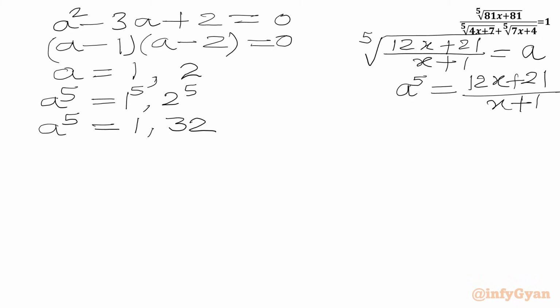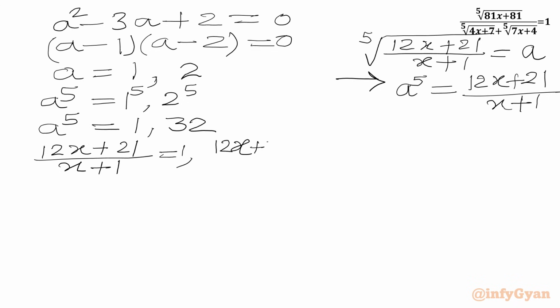Let's put back the value of a^5 in terms of x. So we will write (12x + 21) over (x + 1) equal to 1, and (12x + 21) over (x + 1) equal to 32. We'll cross multiply and get 12x + 21 equal to x + 1.